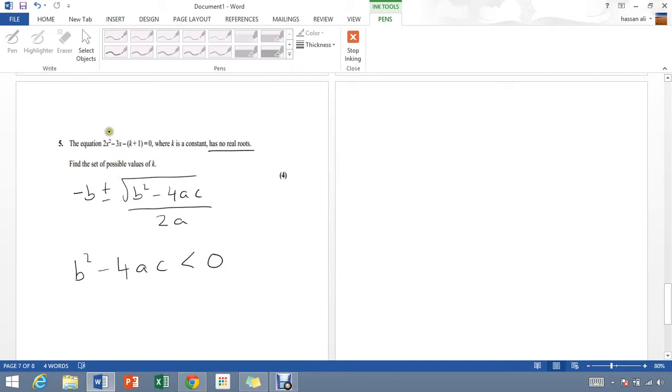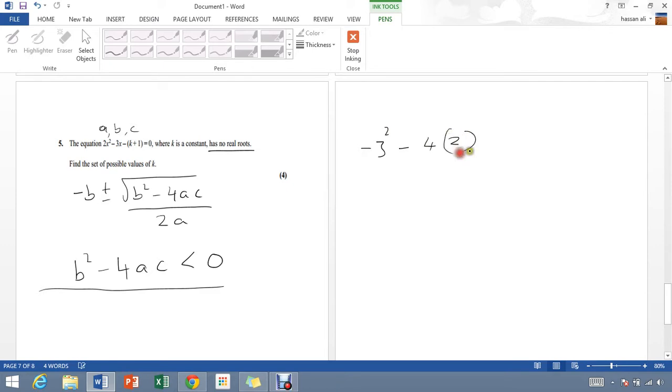Now in this instance, your 2 will be a, and b will be 3, and then k plus 1. Just separate these up. So a will be 2, b will be minus 3, and then c will be this minus k plus 1. Okay, so I'm just going to bring it over here. So what we have then, if we sub those values in, is minus 3 squared minus 4, because we're doing minus 4ac.